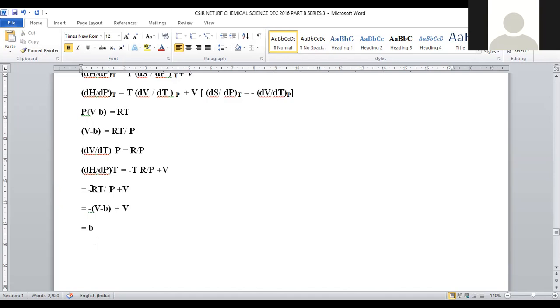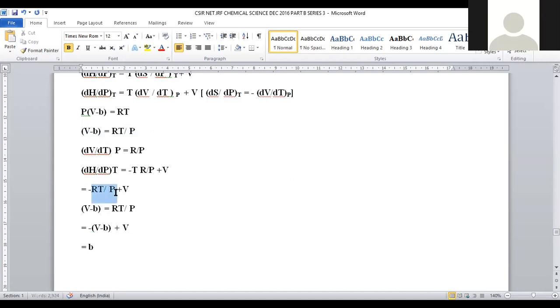Okay. Why did we get RT by P? Just now we got it here. So let us substitute here. The equation is minus RT by P plus V, right? So in this equation, what we have? V minus B is equal to RT by P, right?